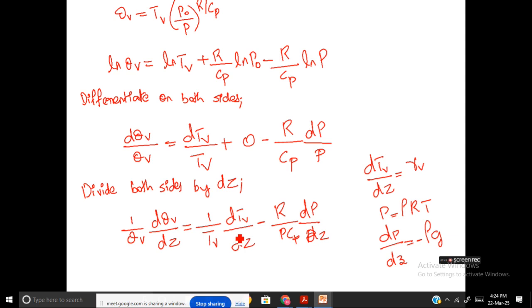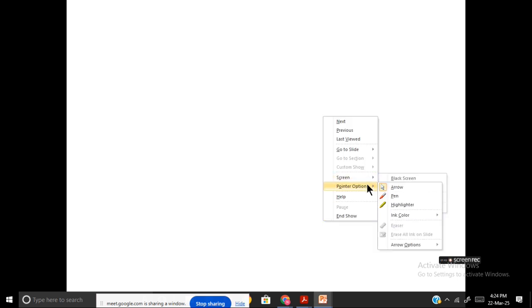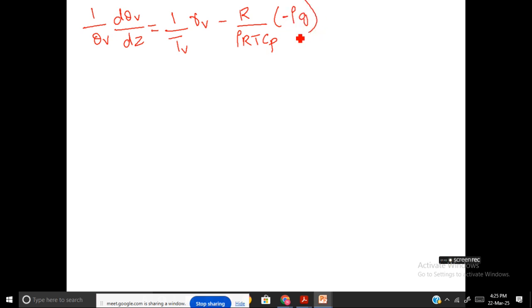So in the right hand side first term, replace dTv by dz with gamma V, and in the third term replace P with rho RT and dP by dz with minus rho G. It will become 1 by theta V d theta V by dz is equal to 1 by Tv into gamma V minus R by rho RT into Cp into minus rho G.